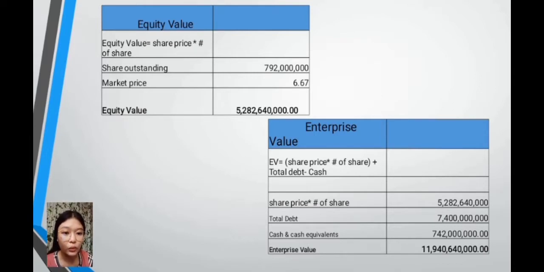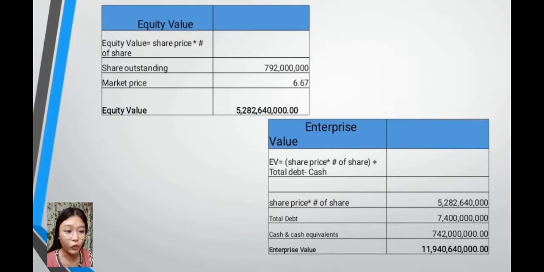So we have 5,282,640,000 and we add the total debt of 7,400,000,000 and less the cash of 742 million, so their enterprise value is 11,940,640,000. So this amount is the measurement of their company's total value.